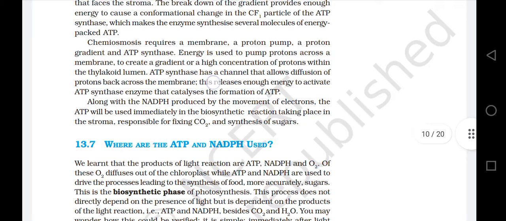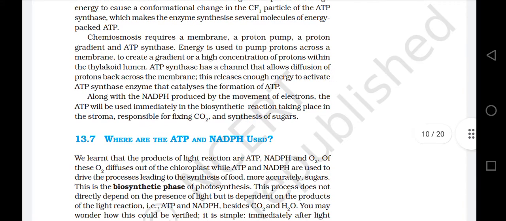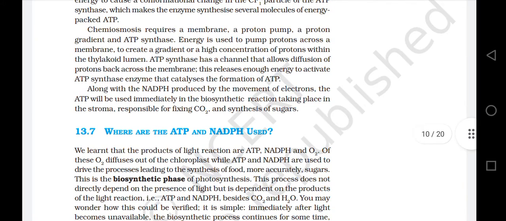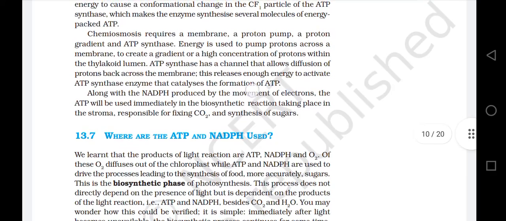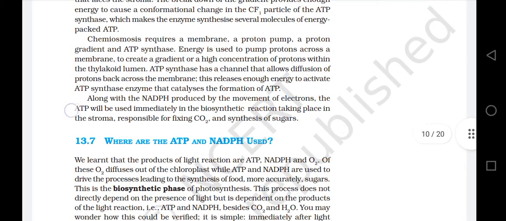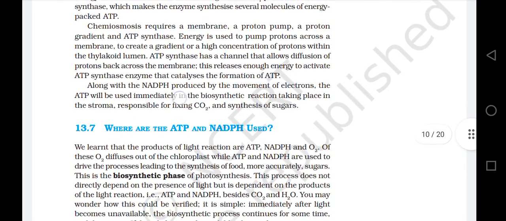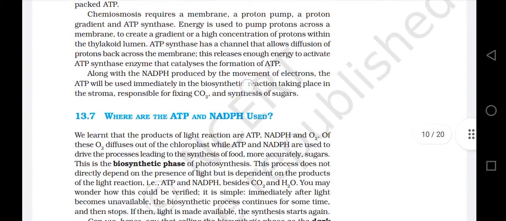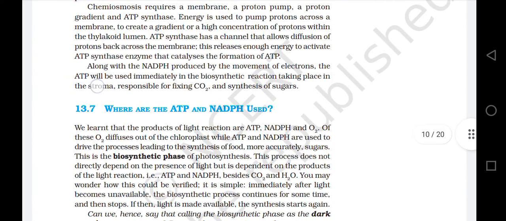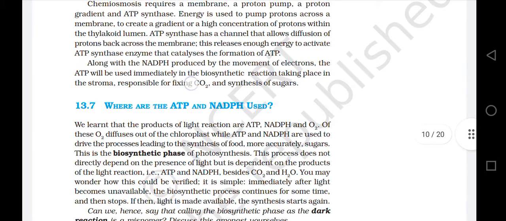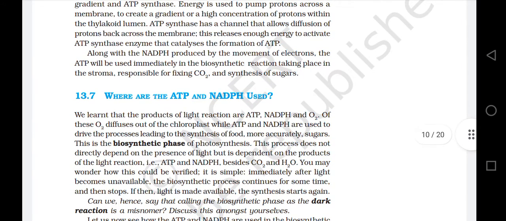This releases enough energy to activate the ATP synthase enzyme that catalyzes the formation of ATP. Along with the NADPH produced by the movement of electrons, the ATP will be used immediately in the biosynthetic reaction taking place in the stroma, responsible for fixing carbon dioxide and synthesis of sugars.